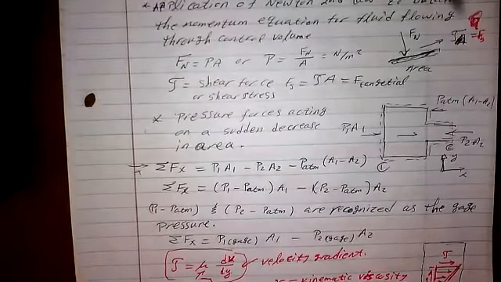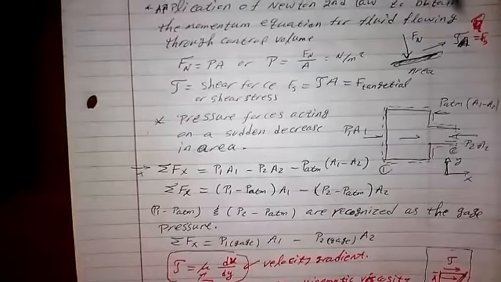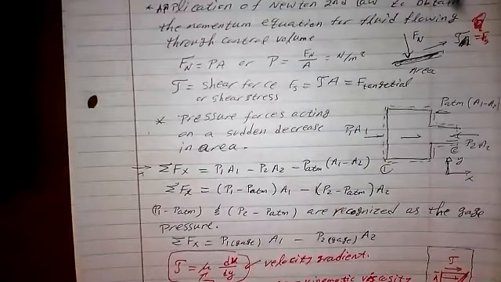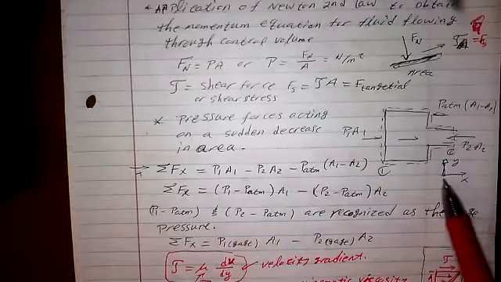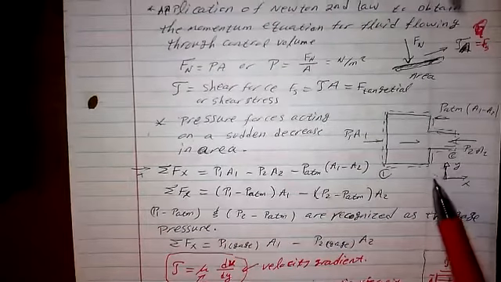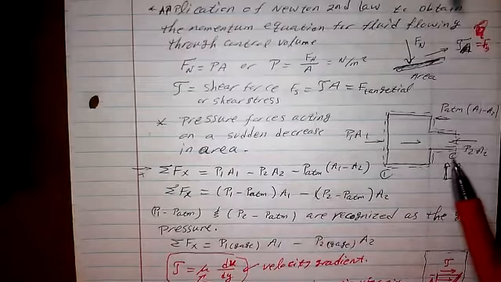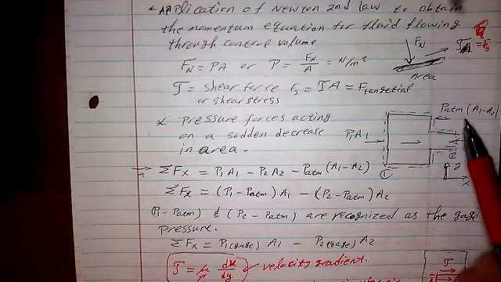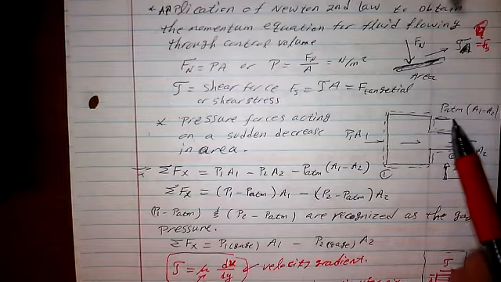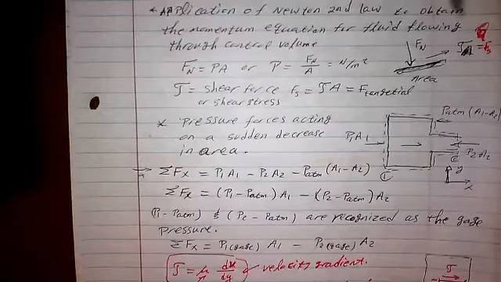Remember, in a statics class, we had the summation of forces in the x direction equals FRX, the resultant force. That's the frame of reference: x is positive, y direction is positive. So we have P1A1 minus P2A2, and then minus P atmospheric, P ATM, times the change in area.